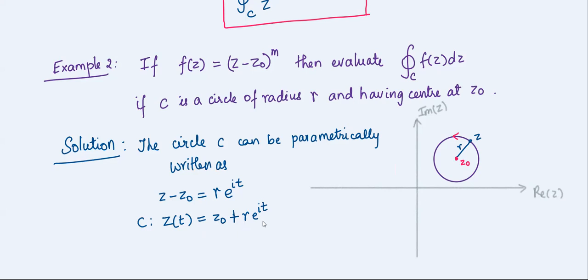Because modulus of Z minus Z naught gives R, and as t varies from 0 to 2 pi, you get all the points here.